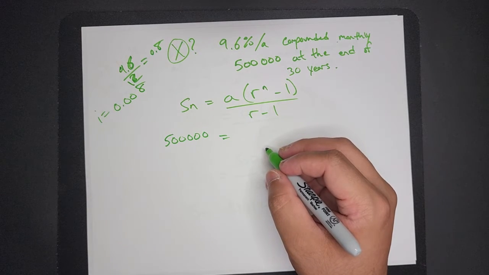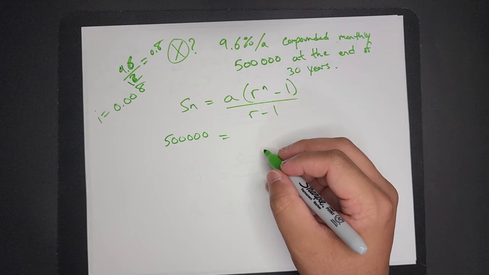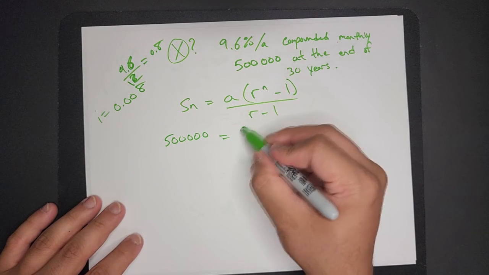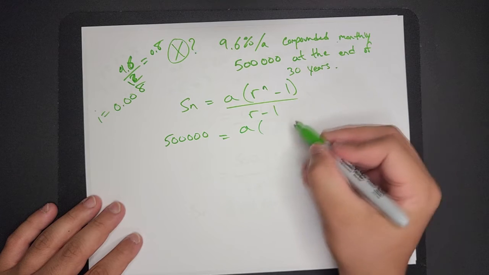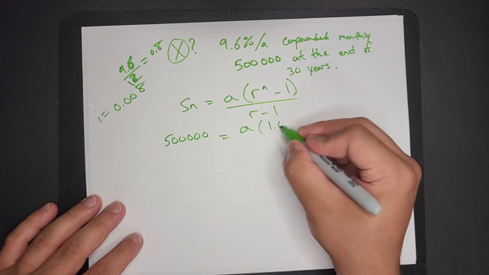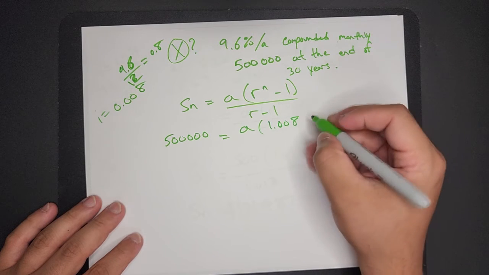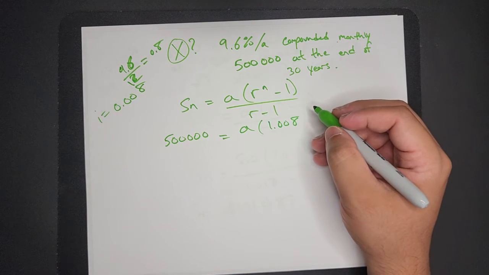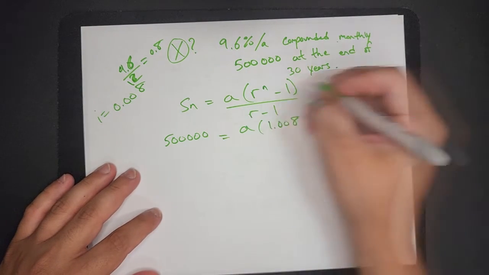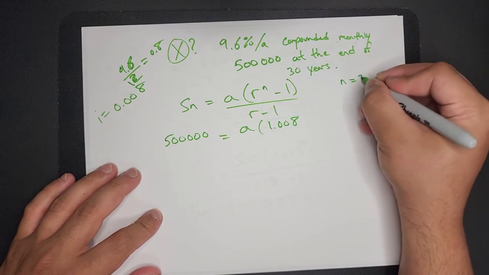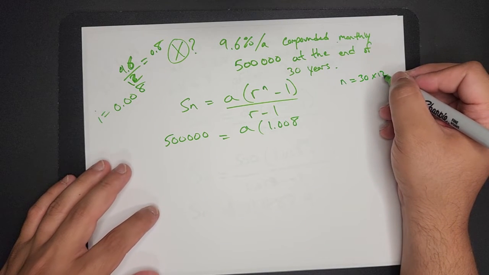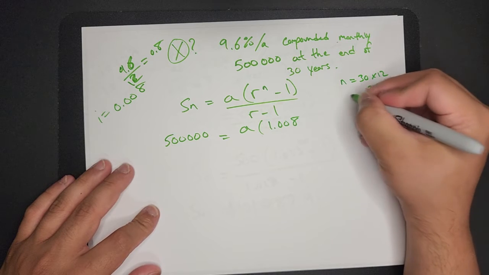And I should be able to solve this by putting in, I don't know what my A value is, but I do know what my interest rate is to the power of, well, hold on, I forgot to calculate my N, 30 years times 12, that should give me 360.